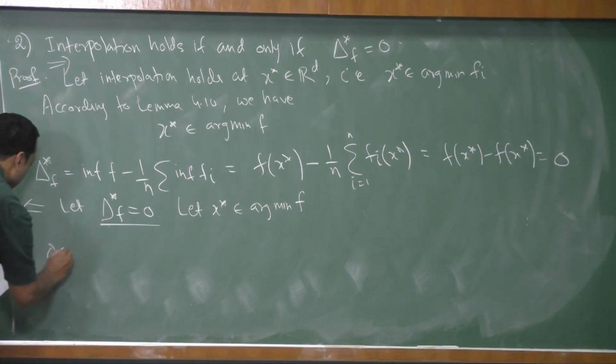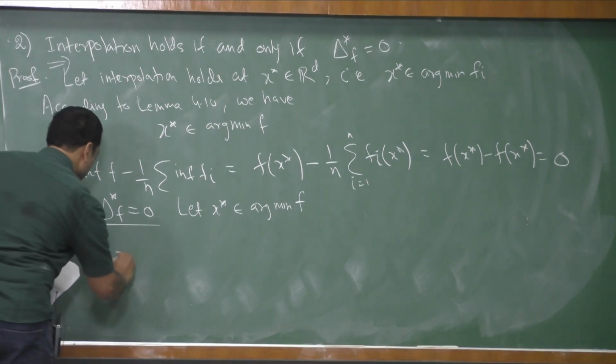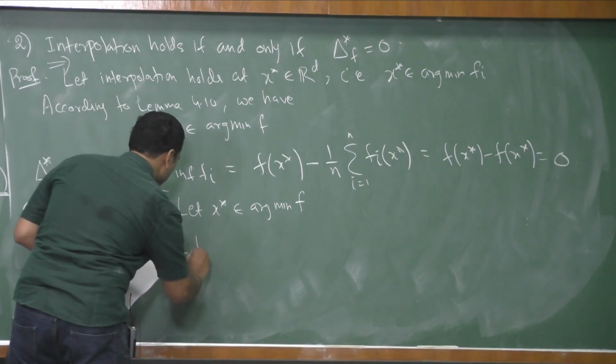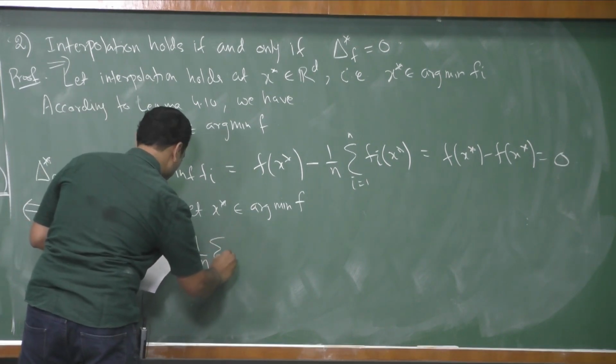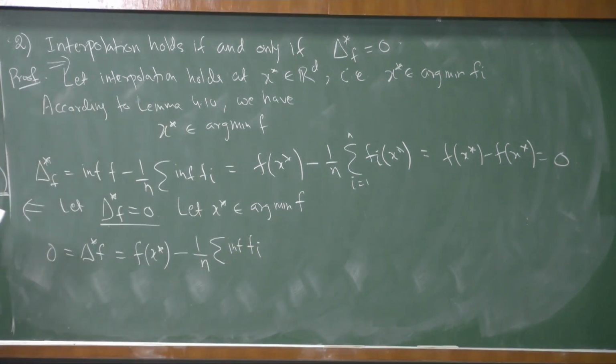Okay, so 0 is delta star f, and this is f x star minus 1 over n sum of infimum of fi. Okay, and we put this in the sum now.